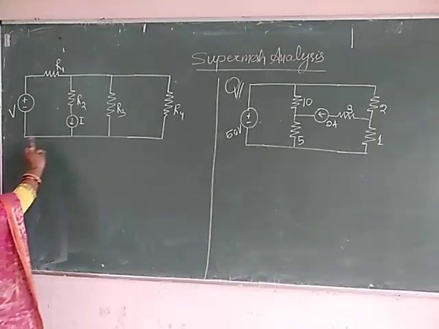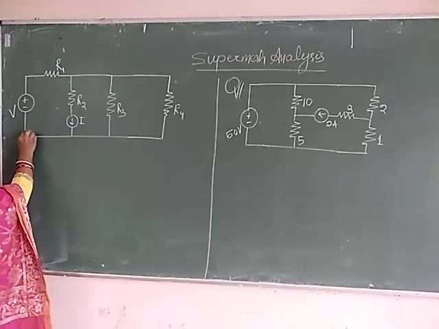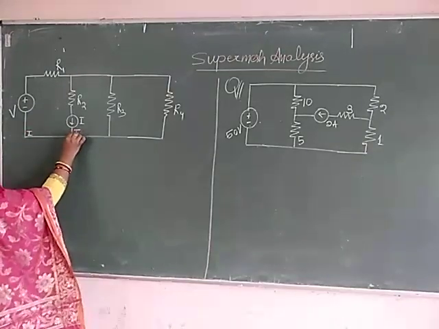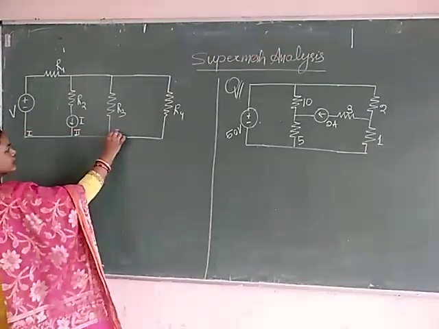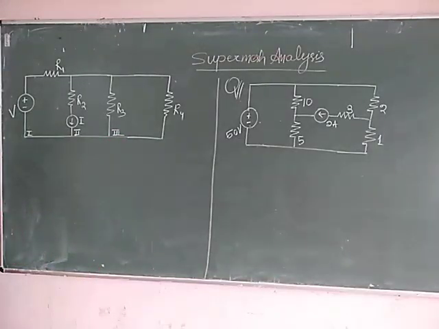So here in this circuit, first we check how many mesh are there. 1, 2, 3. 3 meshes are there in this circuit. Then we assign loop current either in clockwise or anti-clockwise direction.